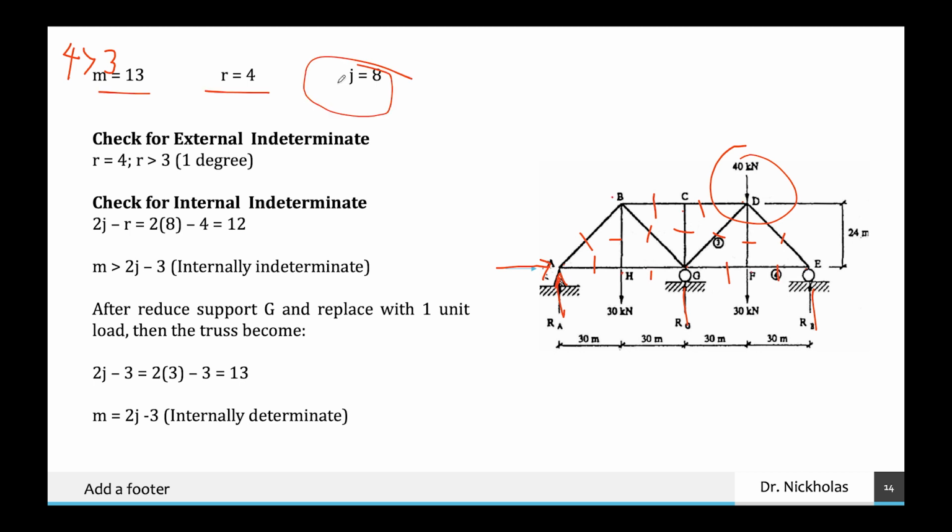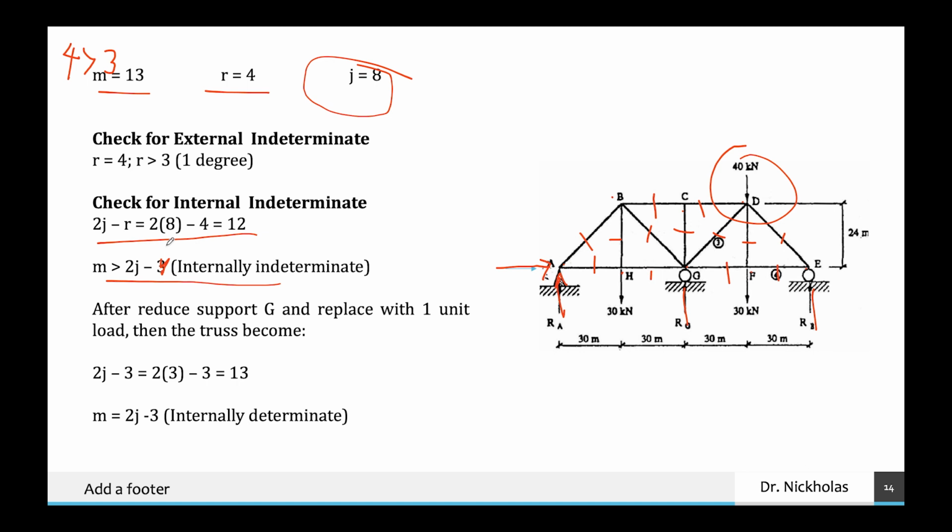By checking the condition using this method, m is 13, this is supposed to be r, which is 4, and j is 8. So the structure is internally indeterminate. By the way, later on we will reduce the support.